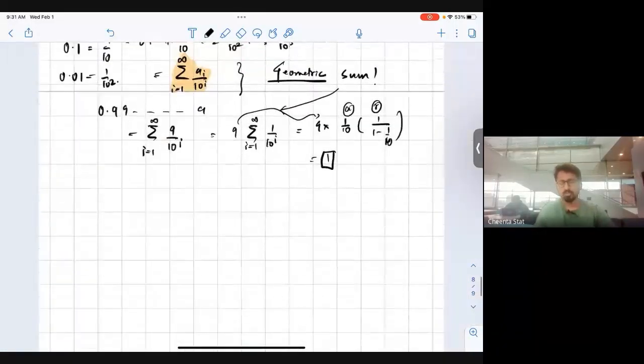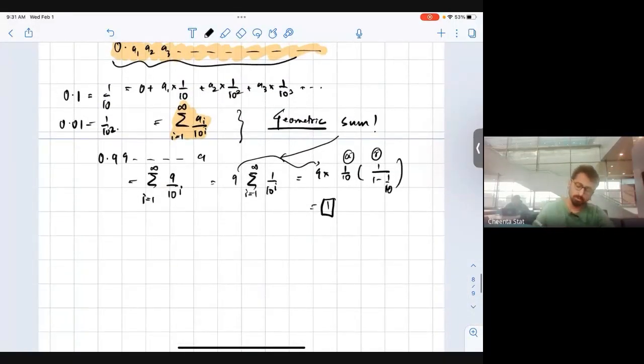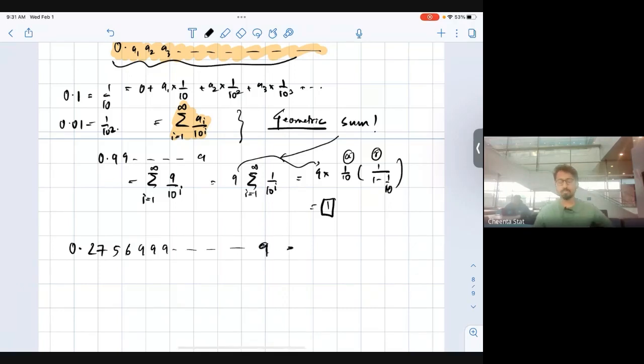So you can prove it for other examples too. For example, 0.27356999999, where the 9s continue.